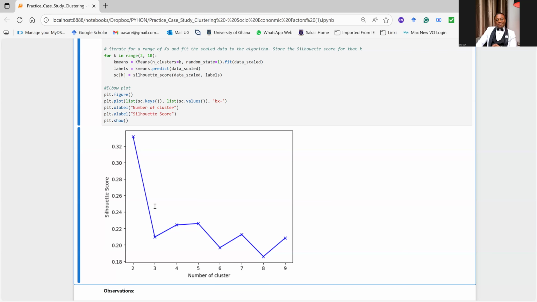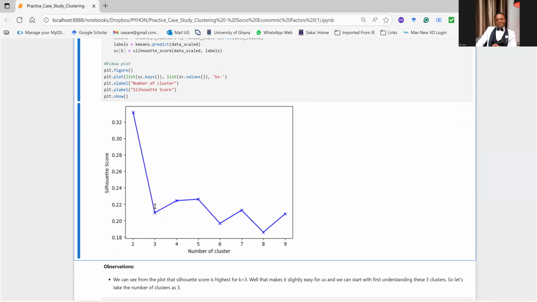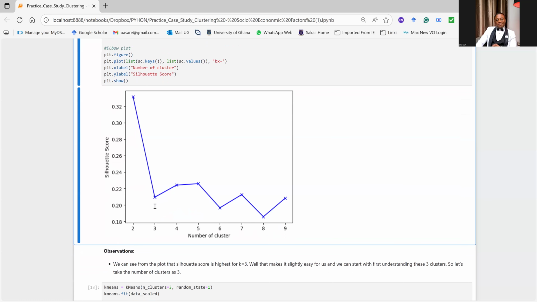Now, one thing about the silhouette score, unlike that of the SSE, is that it is the higher one you are looking for. When I say the higher one, I mean the first elbow you're looking for.